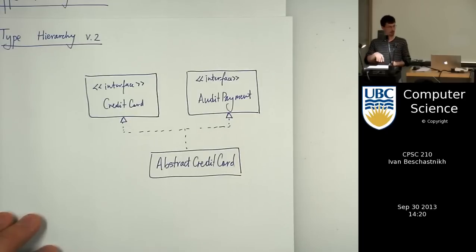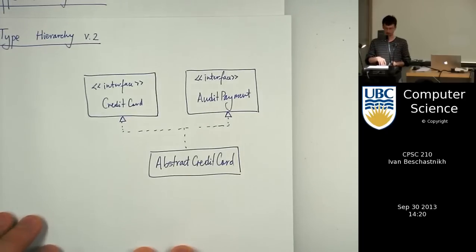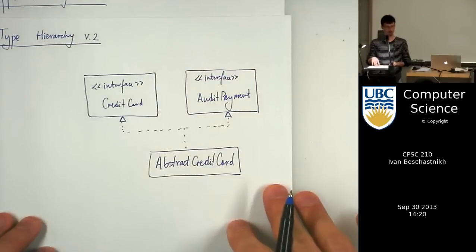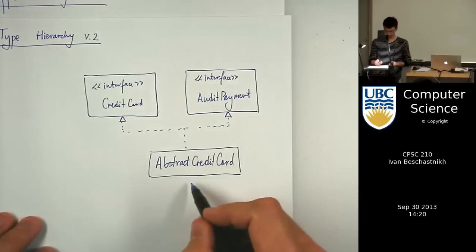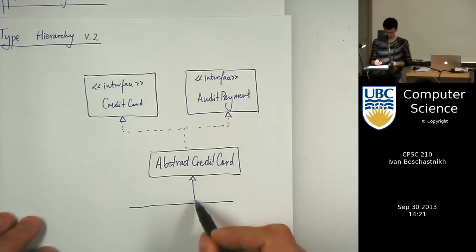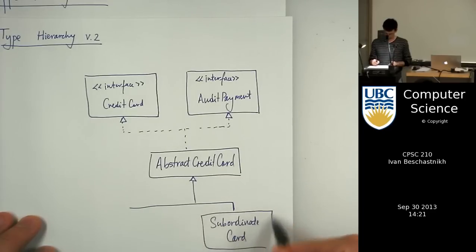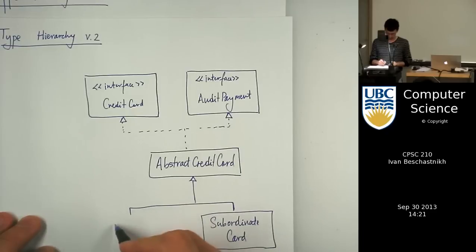Because the functionality was abstract enough that I could push it up a level and make sure that all the credit cards in my system share this functionality. That's kind of the new requirement. And then down below, I'll have my actual credit card types. So this will be the subordinate card, and this guy will be the ASIF card.